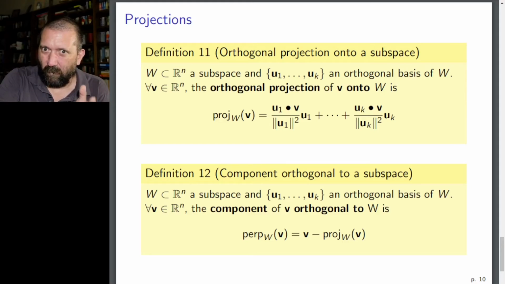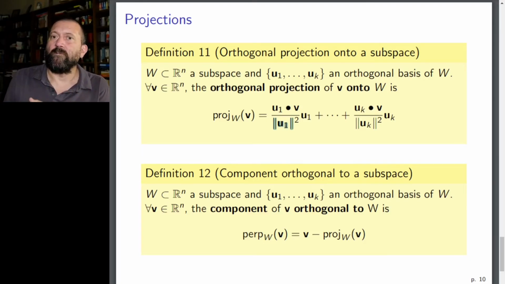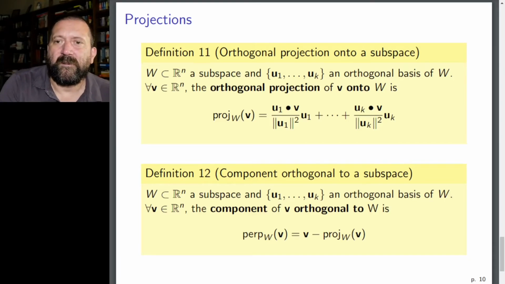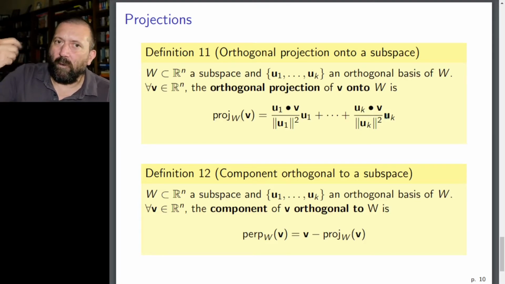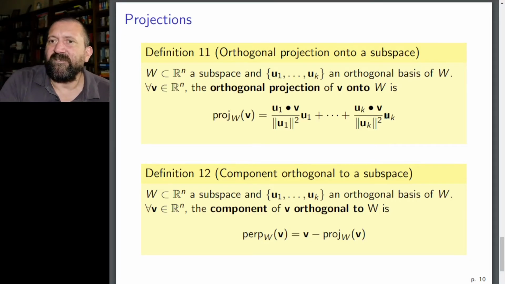So it's the projection onto W of v, and it's given by the dot product of u1 with the vector that you're projecting, v, divided by u1 dot u1, or norm of u1 squared, times u1, plus, and so on and so forth, until the dot product of uk with v divided by norm of uk squared, so uk dot uk, times the vector uk.